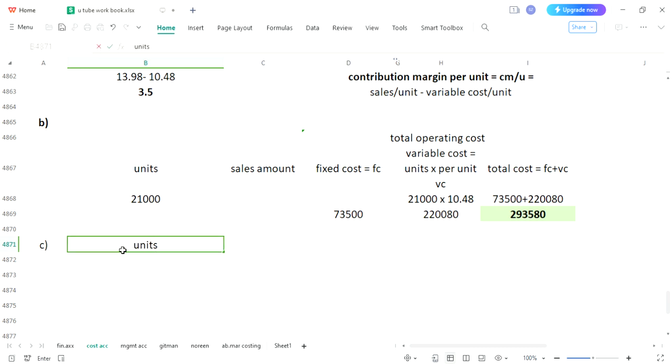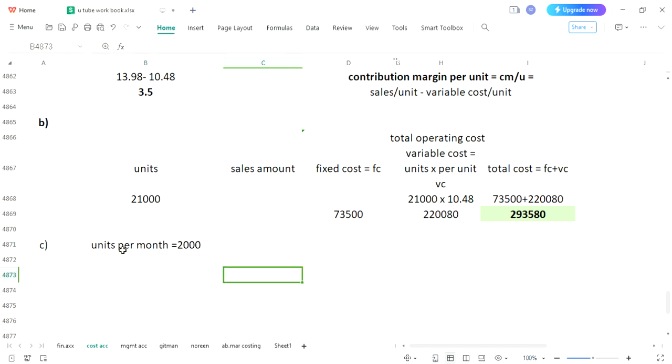Units which are given are per month, and they are 2000. And what you can do, you can change it into per annum. For that purpose, it's a simple thing.